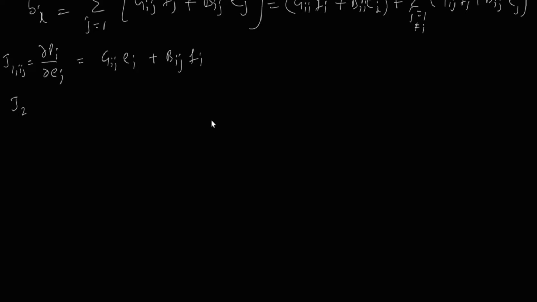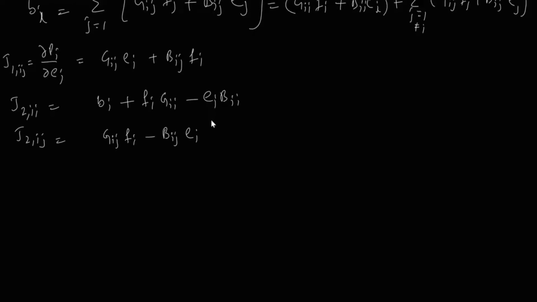Similarly, if I do for all other J submatrices, J2 ii, the diagonal elements, equals Bi plus Fi Gii minus Ei Bii, and the J2 off-diagonal elements are simply Gij Fi minus Bij Ei, right?